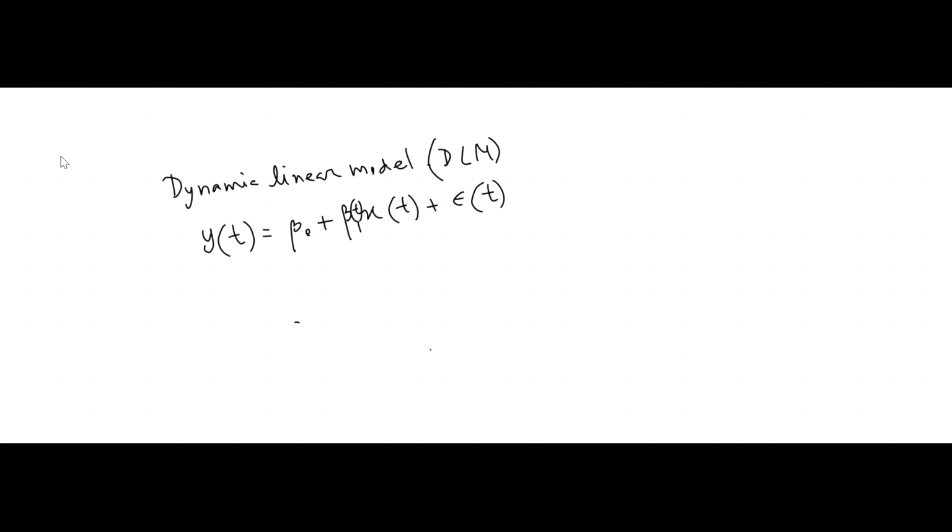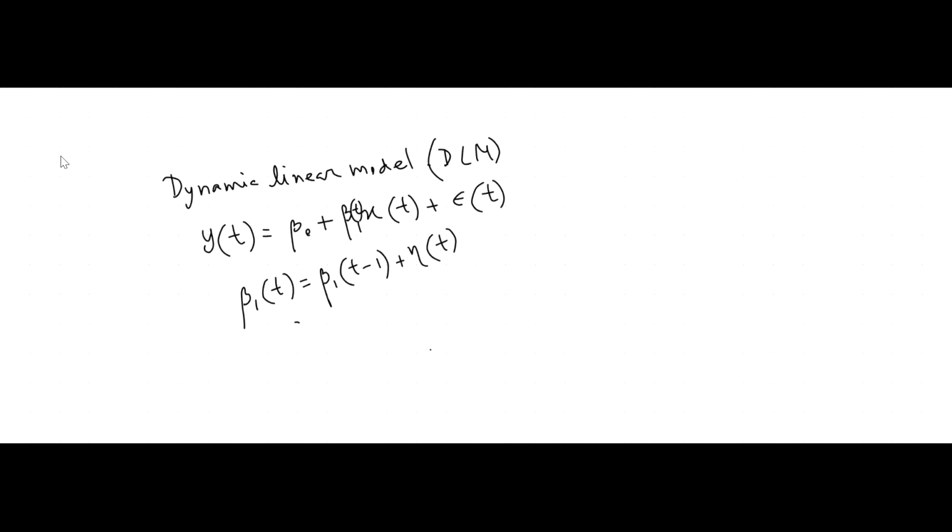Generally, they assume a simple model for beta 1t. So this model is known as the dynamic linear model, or DLM.